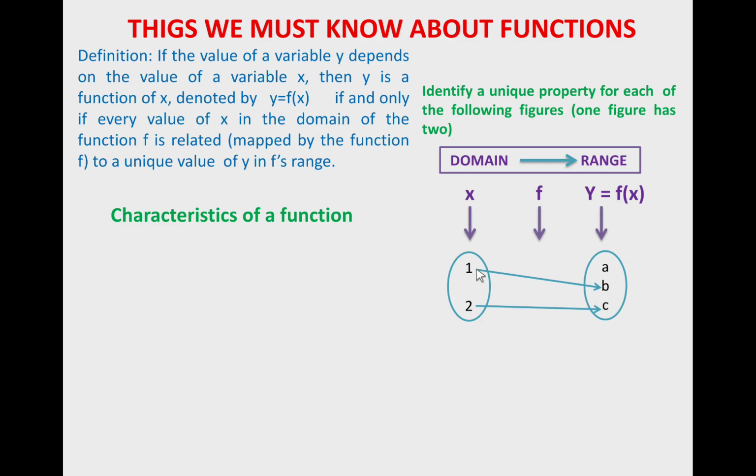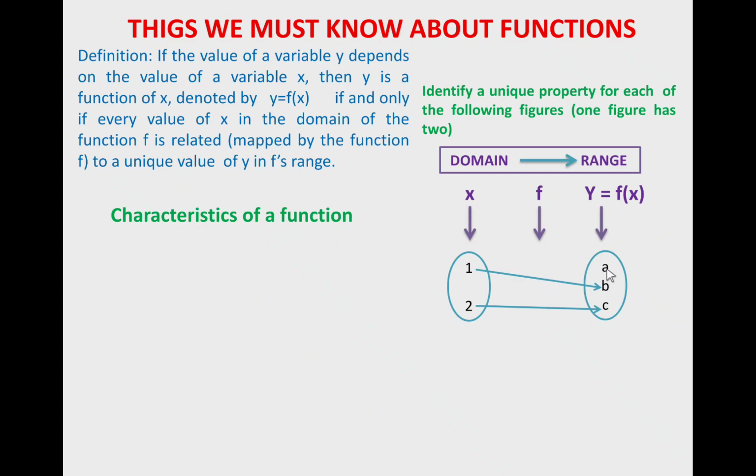One element from the domain is mapped to a unique element from the range: 1 is mapped to b, and element number 2 is also mapped to a unique element in the range, which is c. So this mapping is a one-to-one mapping.